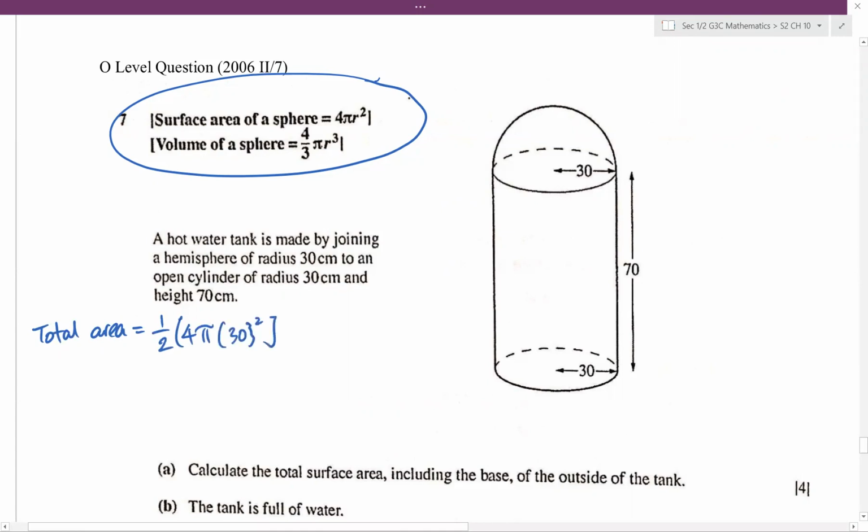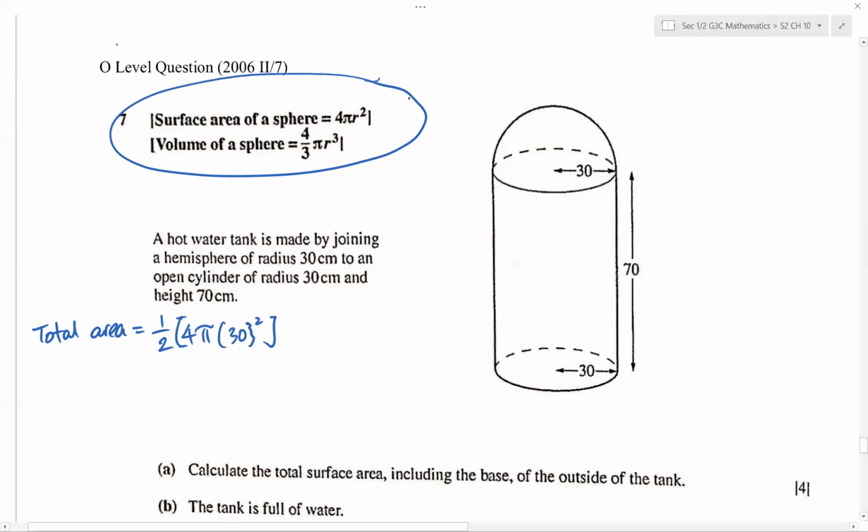Can you explain what this is for? So of the hemisphere. Okay, so the half over here is for the hemisphere. So this portion is for total area of sphere. Okay, good. So that's the top part.